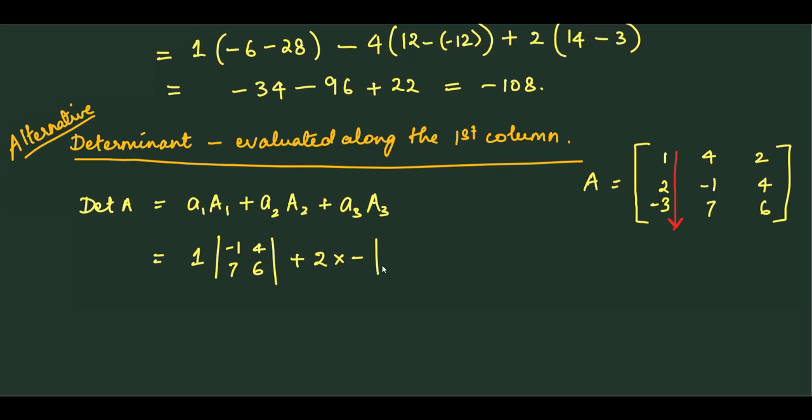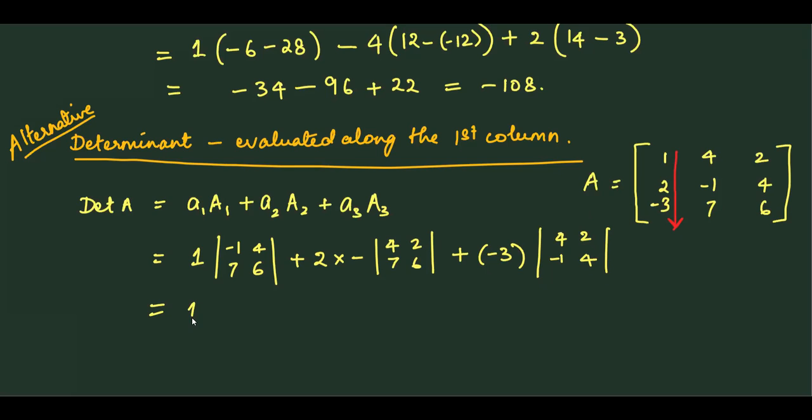The cofactor will be associated with a minus sign, and remove the first column and the second row, you get 4 2 7 6. Then plus the third row first column multiplied by the cofactor. Cofactor will be positive here. 4 2 minus 1 4.